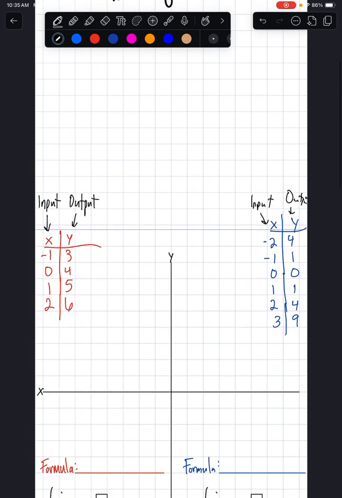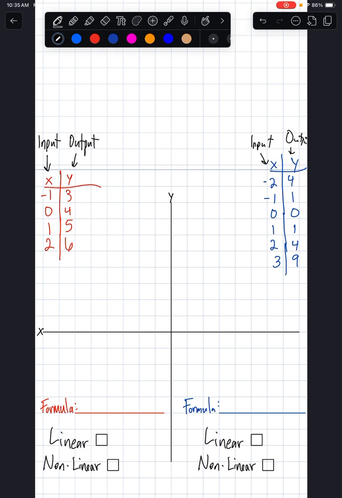So what I mean by starting point is if we have y equals 2x plus 3, 3 is our B, and that's where we'll start our graph, which is right here, because it's the y-intercept. So this is our starting point, and then we can graph our slope, which is rise 2, run 1.